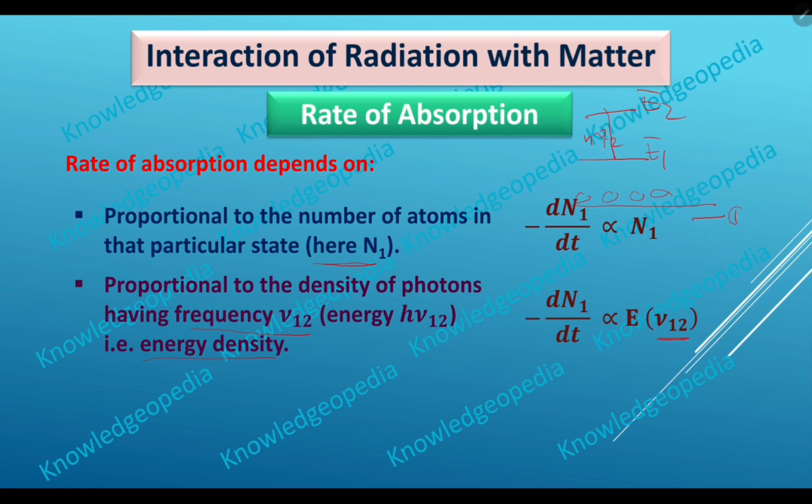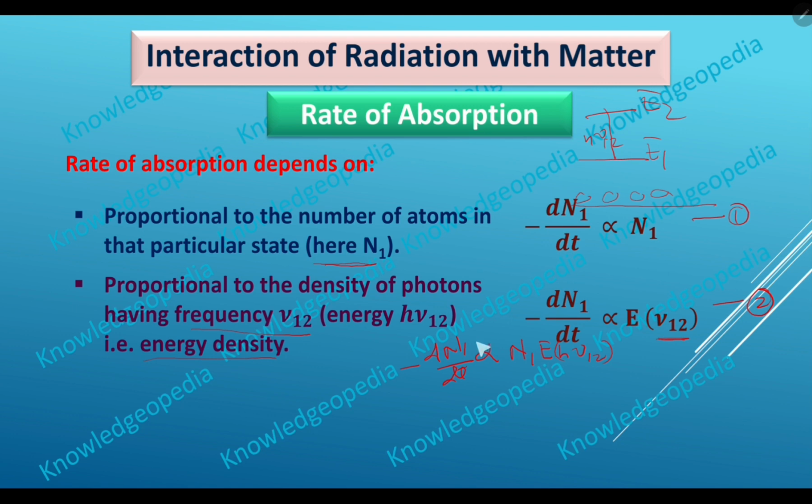So if I consider this as equation 1 and this as equation 2, combining these two equations, I can write minus dN1 by dt is directly proportional to N1 E nu12, right? So this is the equation.